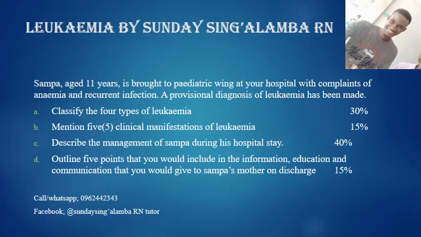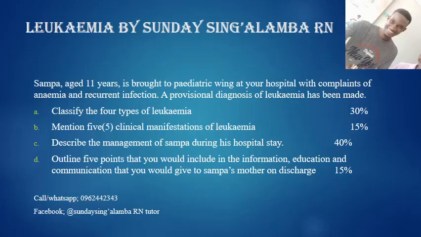Then for the third classification, we could talk of acute lymphocytic leukemia. We could also call it acute lymphoblastic leukemia. Basically, this one is an acute form of leukemia that typically affects the lymphocytic cells.